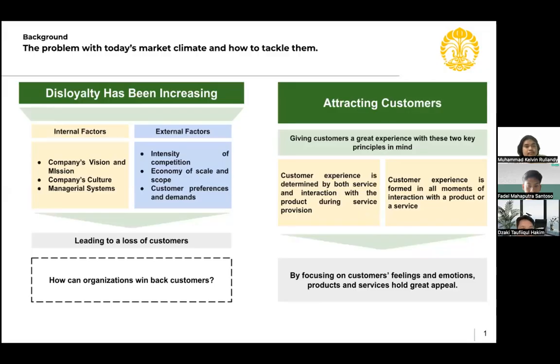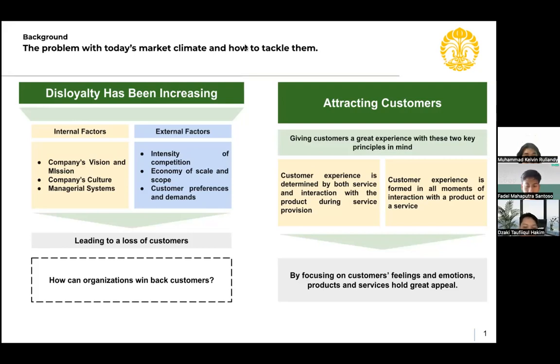So here is the background, the problems with today's market climate. There has been an increase in disloyalty among customers. This is caused by a few factors, internal and external.